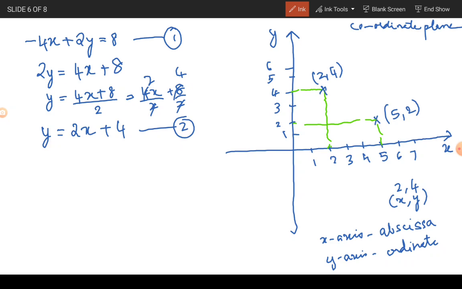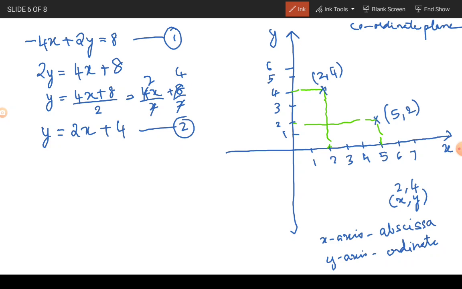So now that you have understood what the coordinates are and how we represent the location of various points, we need at least a minimum of 2 points to be able to plot a straight line.